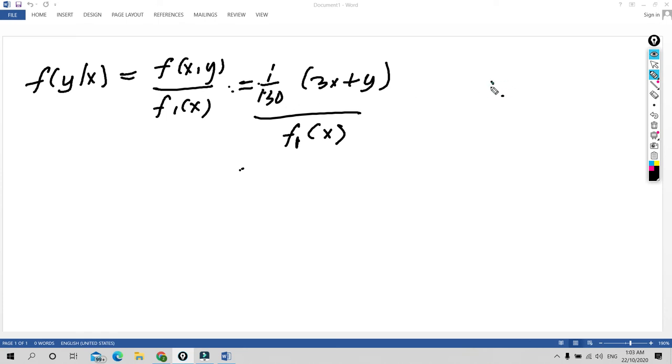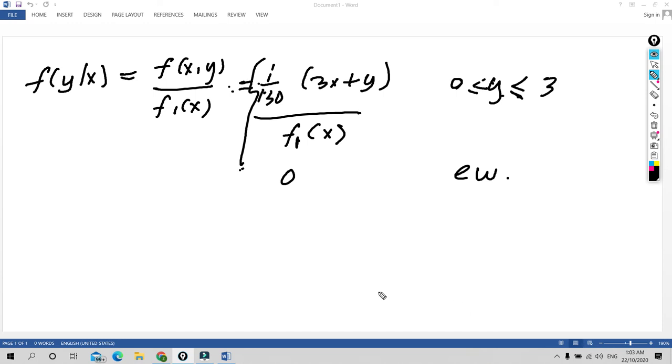The range here is for y, so y is in between 0 to 3, and 0 elsewhere. So we need to find f sub 1 of x.